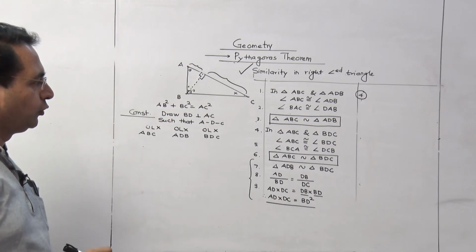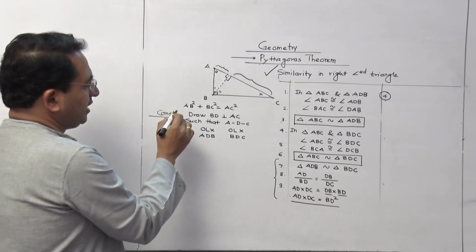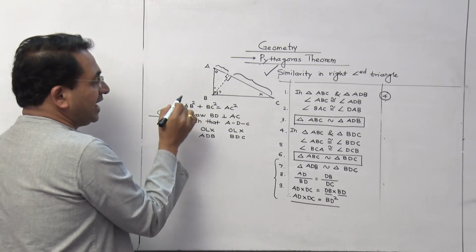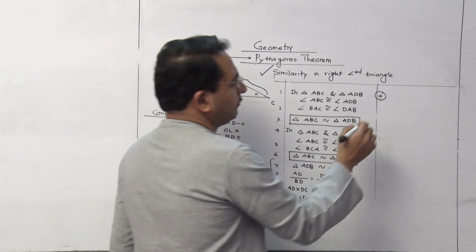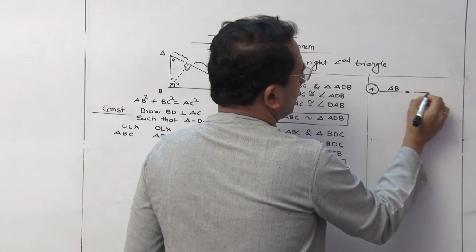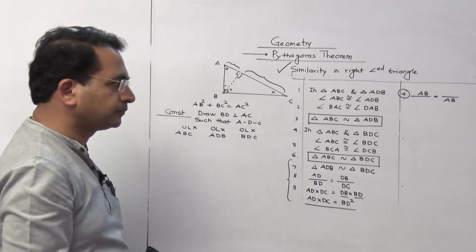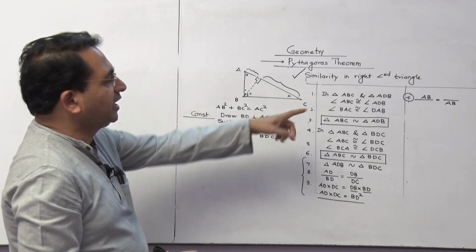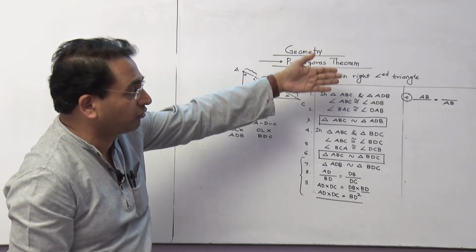Now what we are going to do: in geometry we want to get AB square, and that is possible if and only if we write AB in this form, AB upon AB. Now if you get AB like this, then you are going to get AB square after cross multiplication.